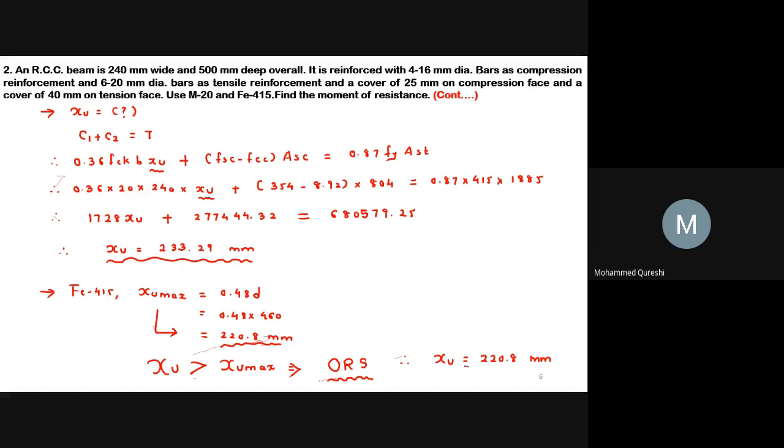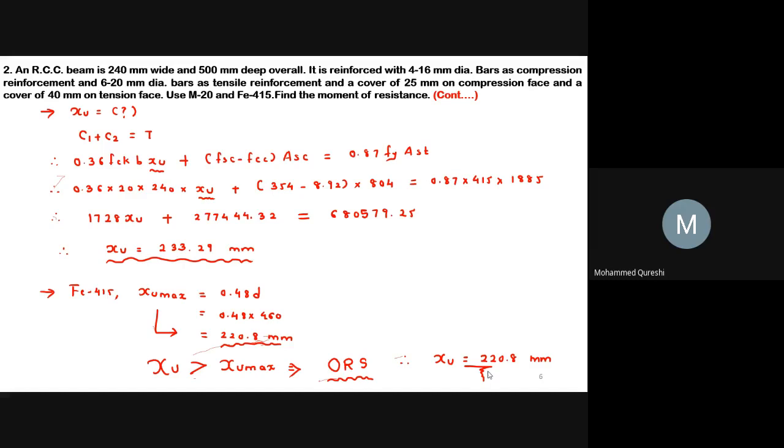Hence we will take the value of xu as the minimum value, that is 220.8 mm. In this way, we have to calculate the value of depth of neutral axis, that is xu.